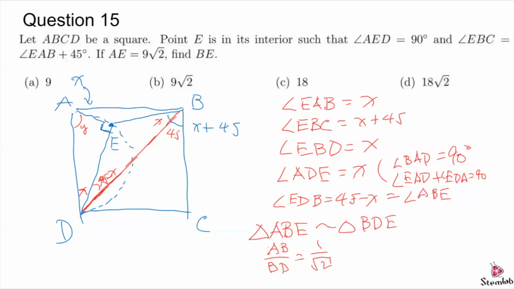Right, that BD is just the diagonal. So this leads us to AE is to BE is also 1 over root 2, but we're given what AE is. AE is 9 root 2. So we multiply both top and bottom by 9 root 2, 9 root 2 over 18. So BE is 18, or letter C.